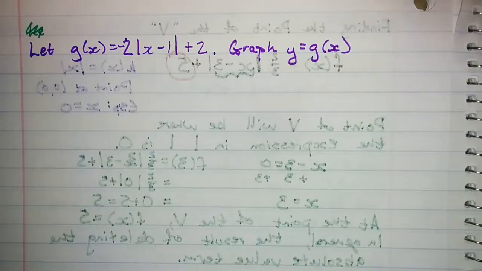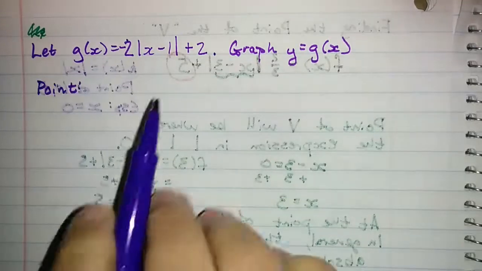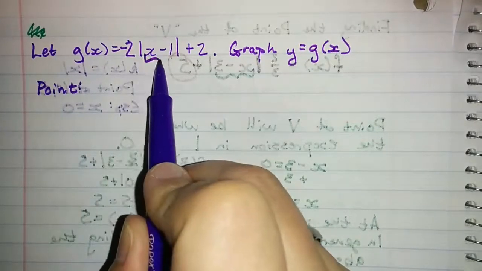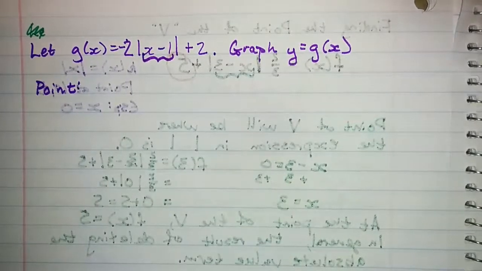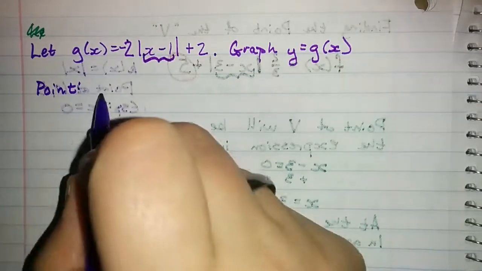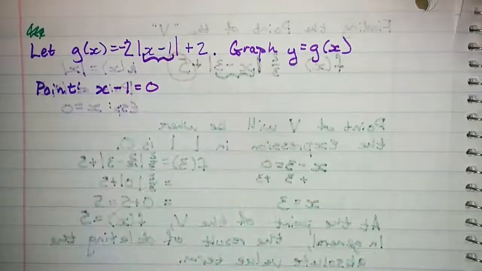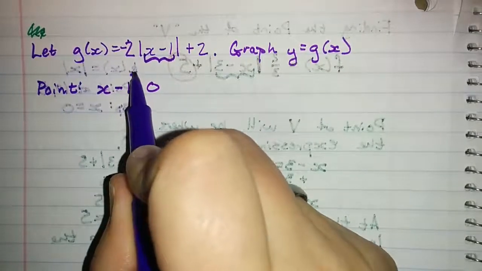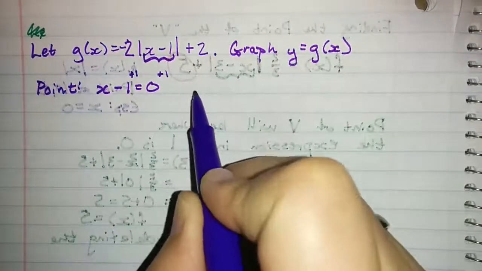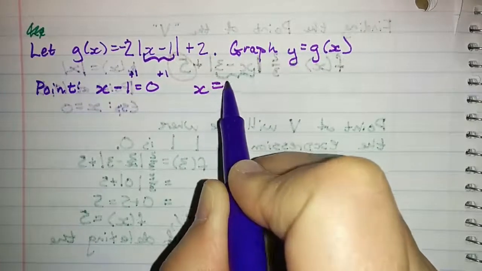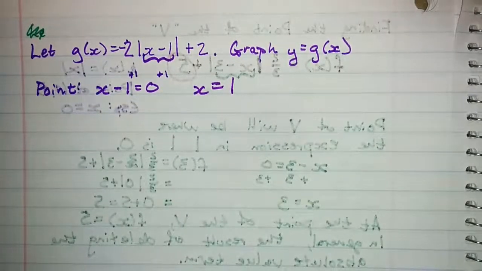Okay, so the first question is, where will the point of the V be? It'll happen where this thing in the absolute value is 0. So where x minus 1 is 0. Add 1 to both sides, and I get x equals 1. What will y be?